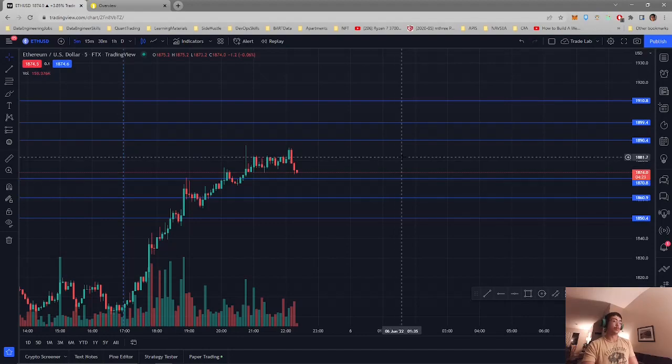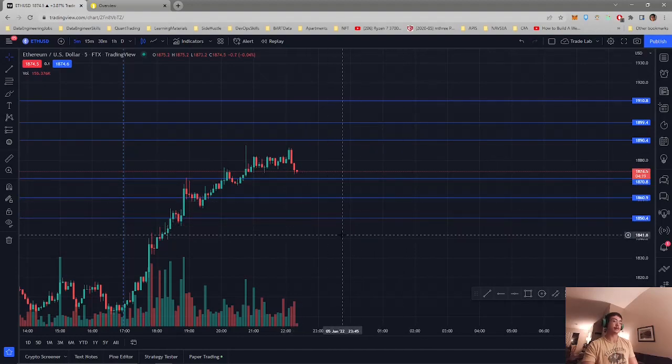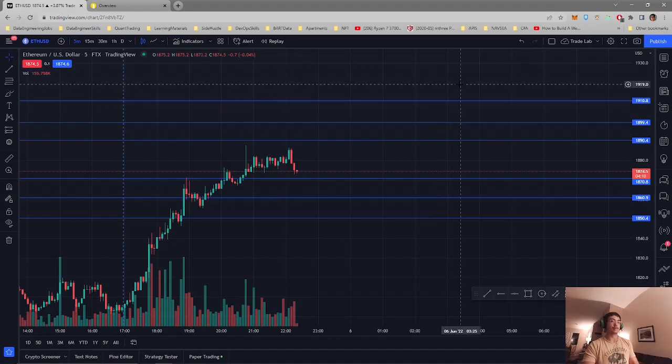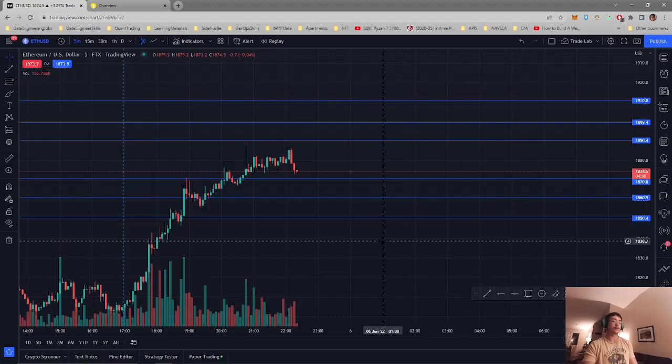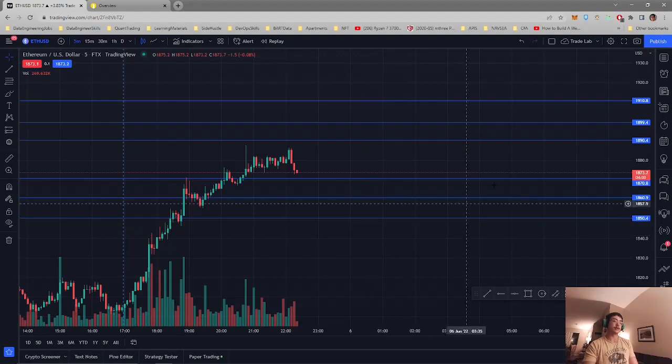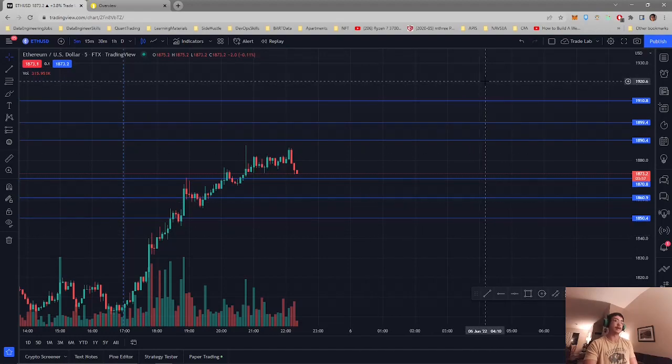One more thing to note is that we'll also have one last grid line past our lower and upper grid lines. These will be our take profit level and our stop loss. Our stop loss will be just below our lowest grid line, and our take profit will be just above our highest grid line.